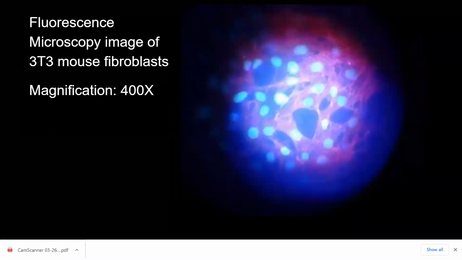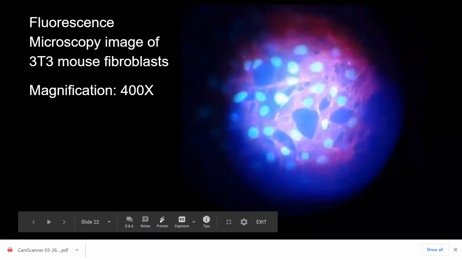And then finally, we have some fluorescence microscopy images. Fluorescence microscopy is one of my favorite things to do with microscopy because it's so beautiful if you do it right. So what happens is you take these different dyes that are going to bind to different things in the cell.